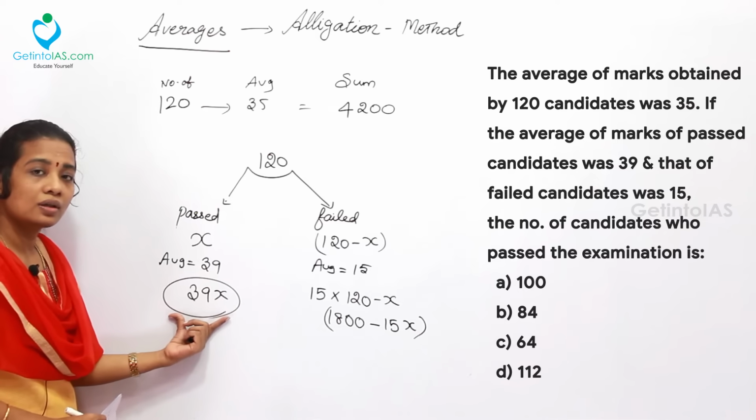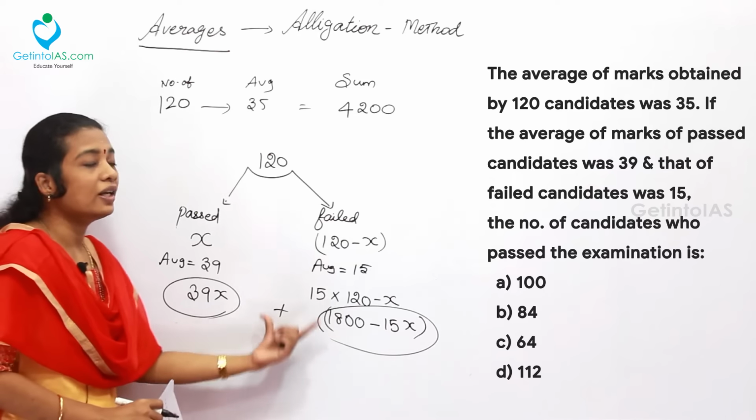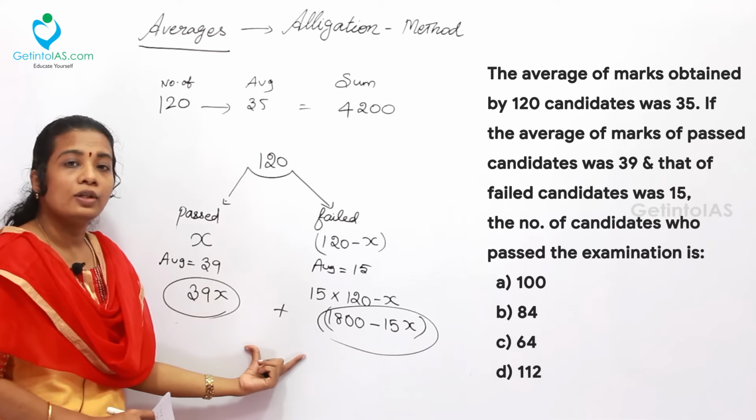So this is the sum of the marks got by passed and this is the sum of the marks got by the failed, and this 4200 is equal to the sum of these two values together. By equating these two values to 4200, directly you will be getting the value of x.